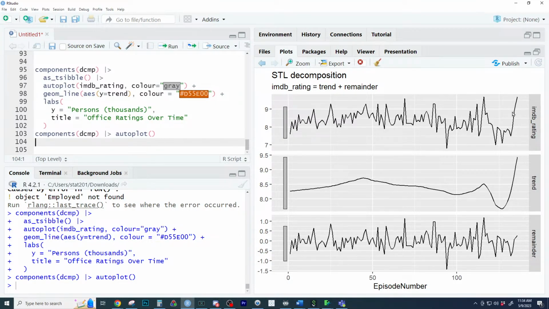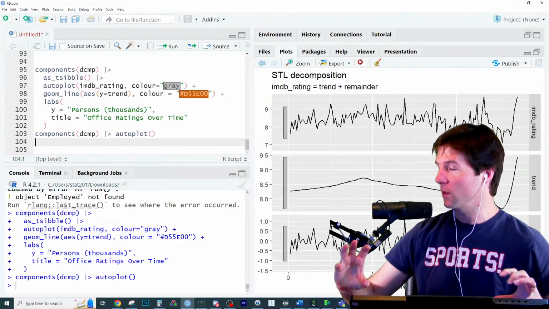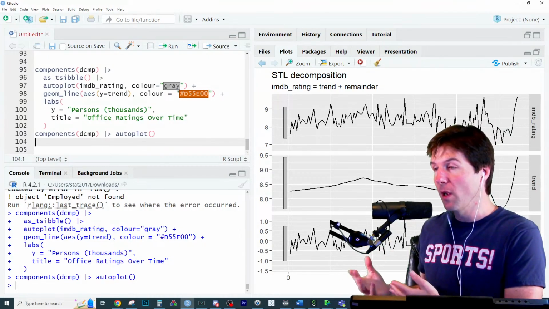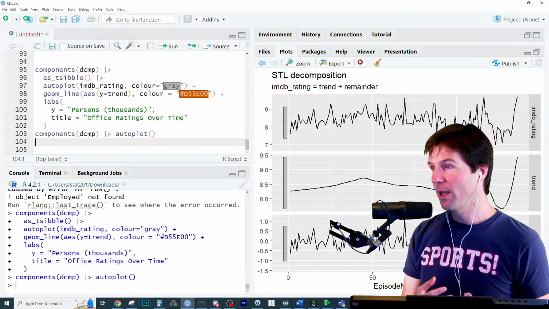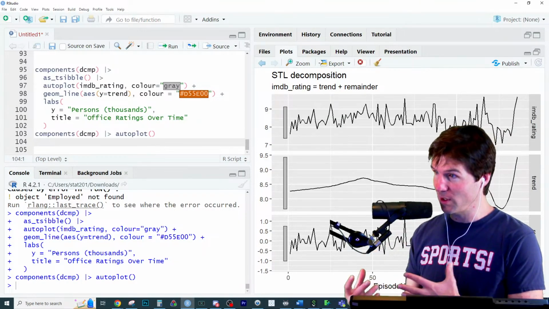And you see that big swing up at the end? Well, that's been removed. It's been decomposed. So decomposition takes a series and decomposes it into parts. And now the best explanatory power is the remainder, which is the unexplained portion. And you don't want the remainder to be the best thing, because the remainder is what you haven't explained.